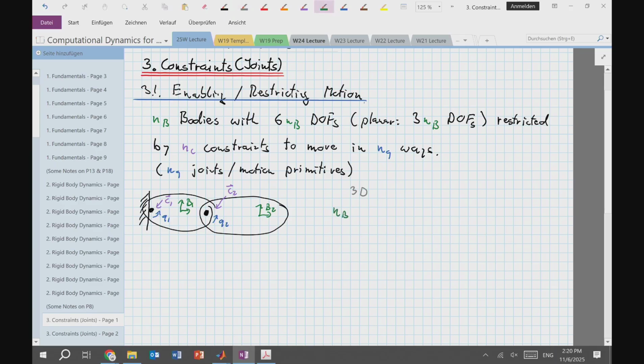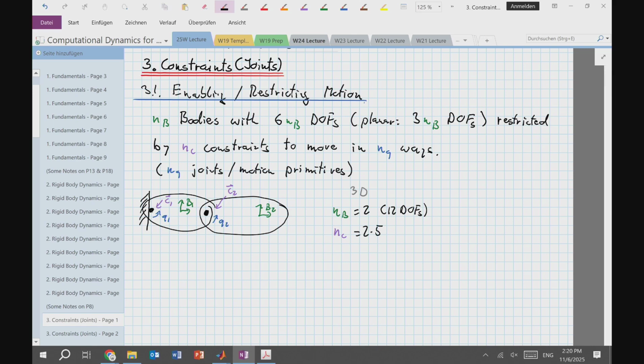In terms of numbers, here we have 2 bodies, which in 3D give me 12 independent degrees of freedom. I have 2 constraints, but each constraint is removing 5 degrees of freedom.